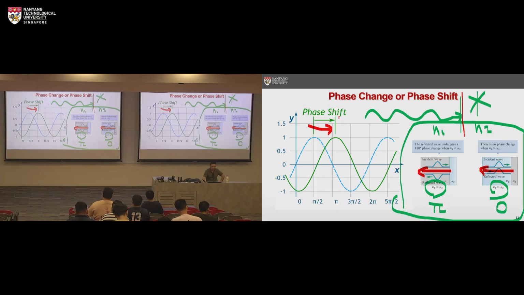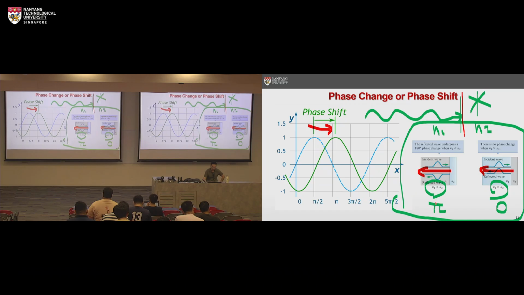When light is traveling and encountering a second interface, a second material, you need to consider the refractive index. If it's larger, it means you are hitting into a wall. When you hit a wall and walk backward, your property may change, because it's something quite solid.